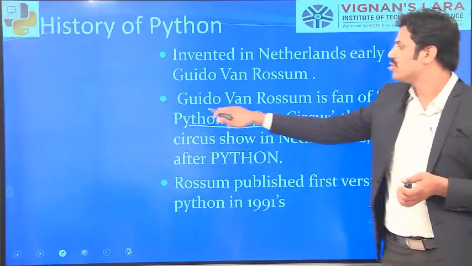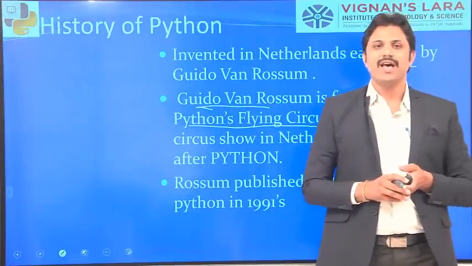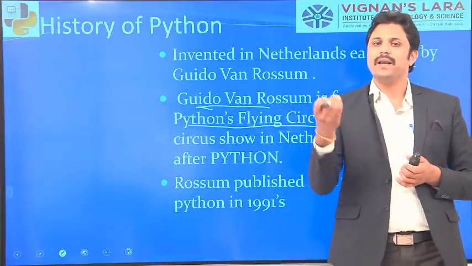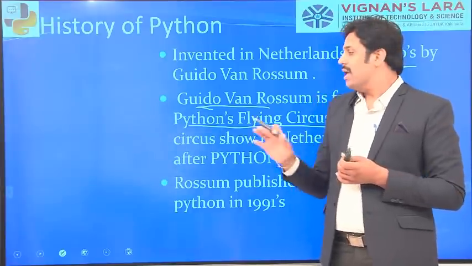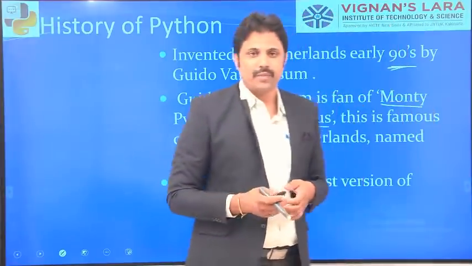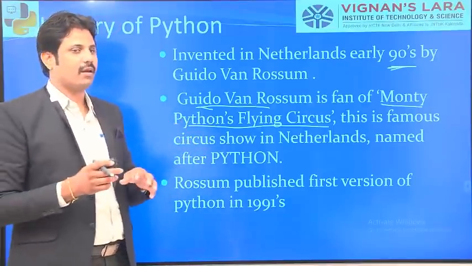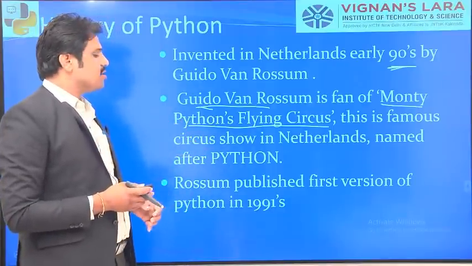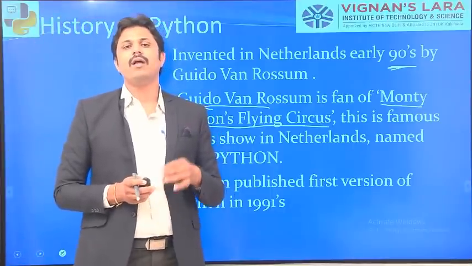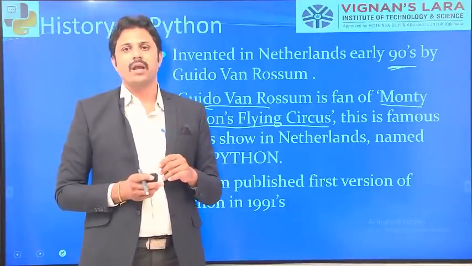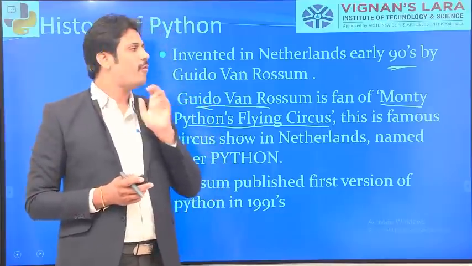Guido van Rossum was a fan of that circus, so he simply suggested that name, Python. This is the basic introduction of how the name Python came. The first version of Python came in 1991.